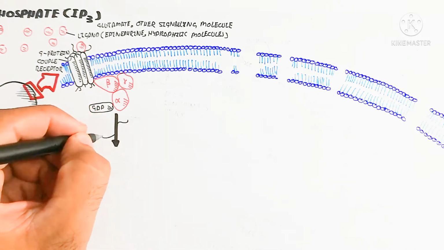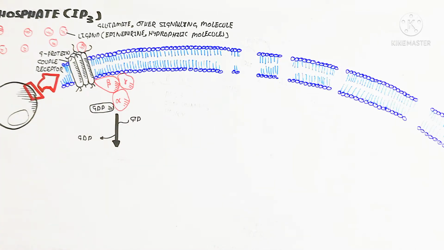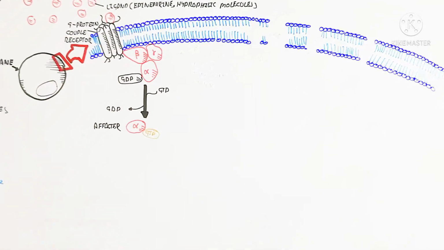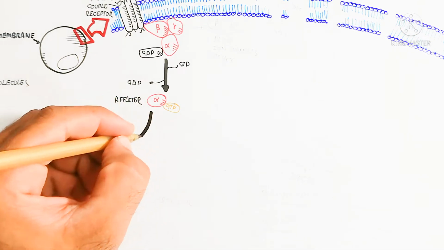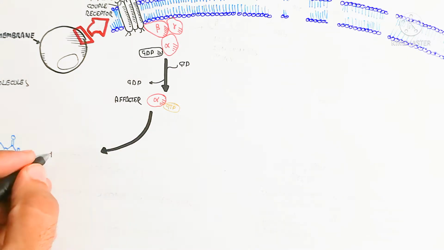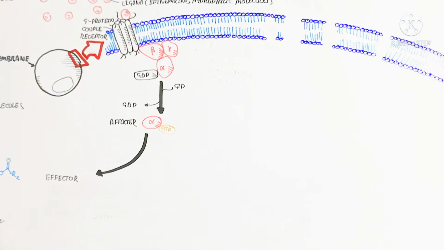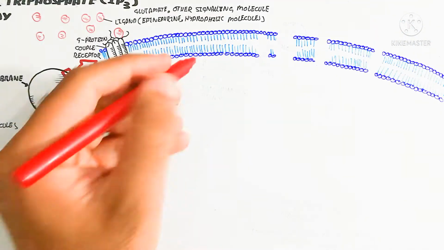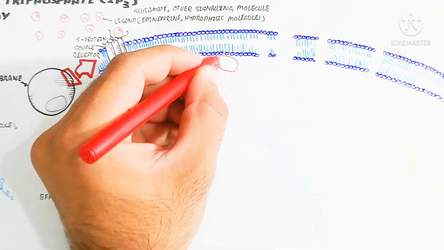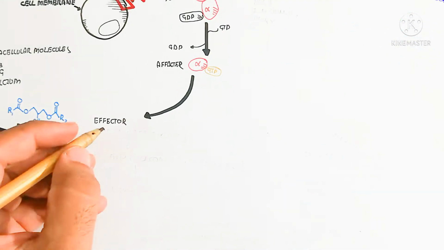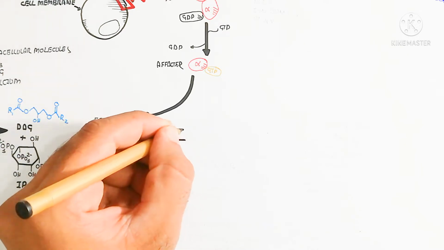The alpha subunit of the G protein contains GDP. After activation by GTP to remove GDP, the effector will be formed. This effector will trigger the enzyme adenylate cyclase after activation by GTP. So the alpha unit will dissociate after the GTP binding, and the beta and gamma subunits will dissociate another way.